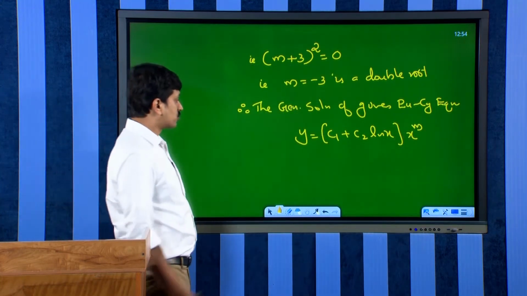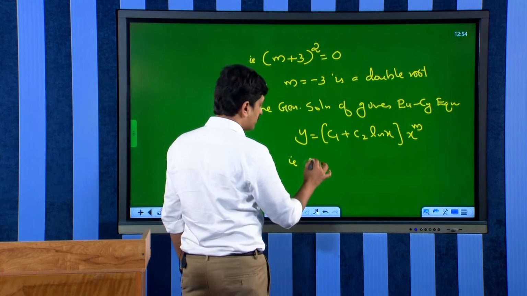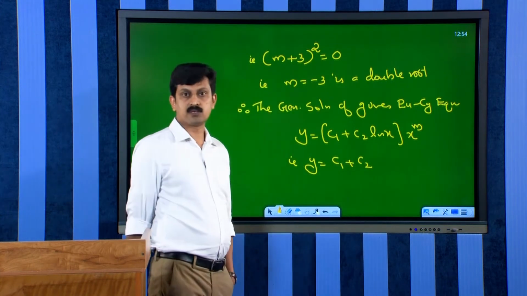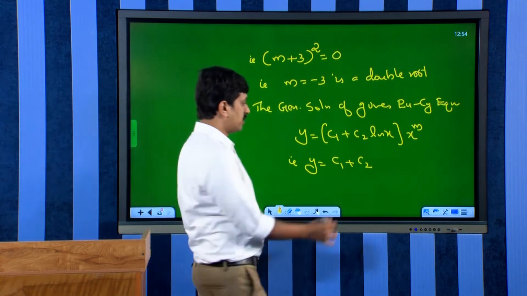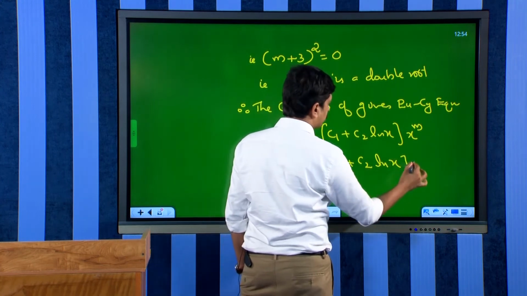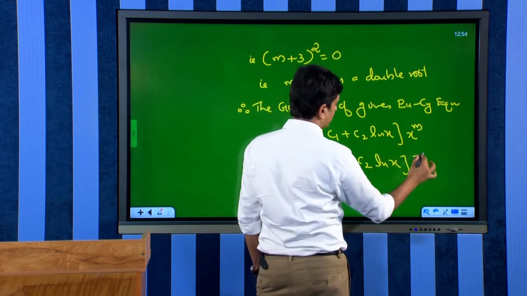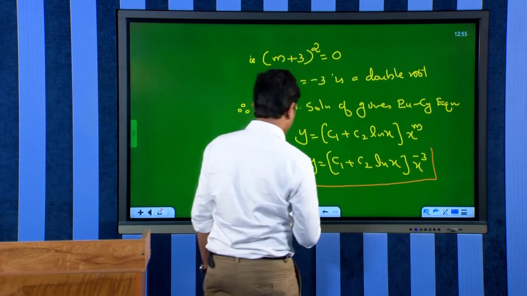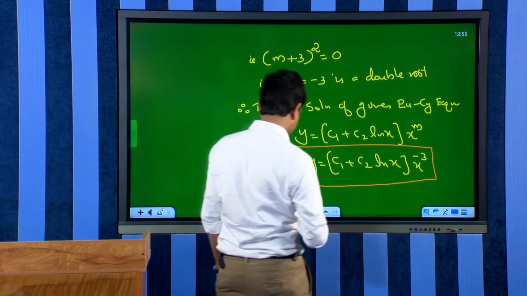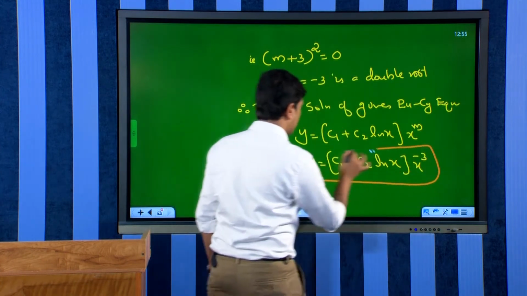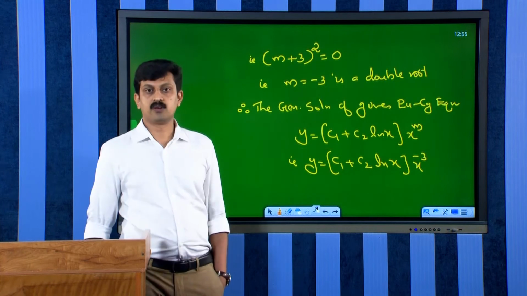Okay, fine. So, we have y is equal to C1 plus C2 log x, times x raised to m equal to minus 3, which is the general solution of the given differential equation. Fine.